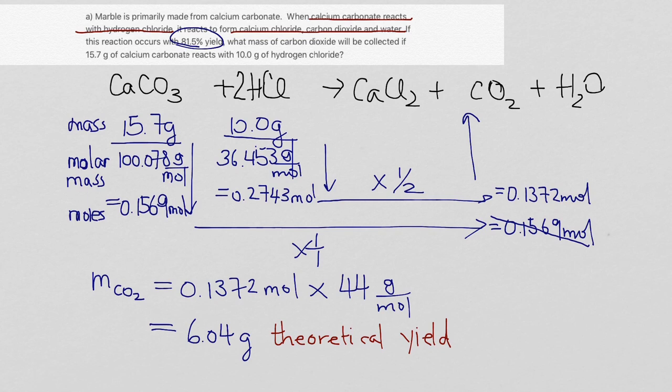But then the question tells you that in an actual lab, the yield is 81.5%, which actually is pretty good. Meaning that out of what you calculated, in reality, you can only make 81.5% of that.